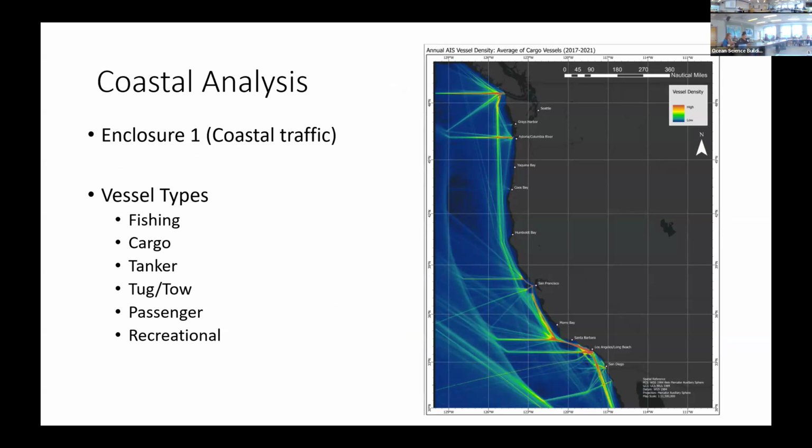So you can see really coming out of Puget Sound through the Strait of Juan de Fuca, coming out of San Francisco, coming out of LALB, those are red areas to show that there's obviously a lot of vessel traffic in and out of those ports.